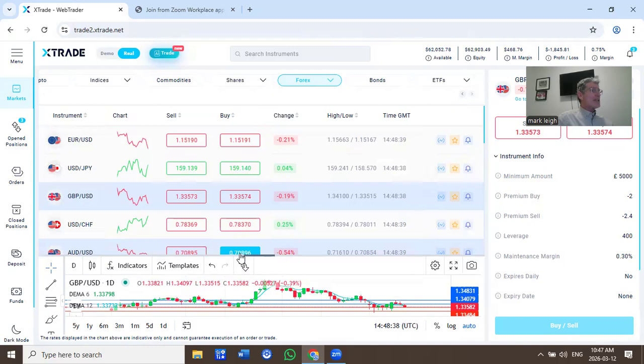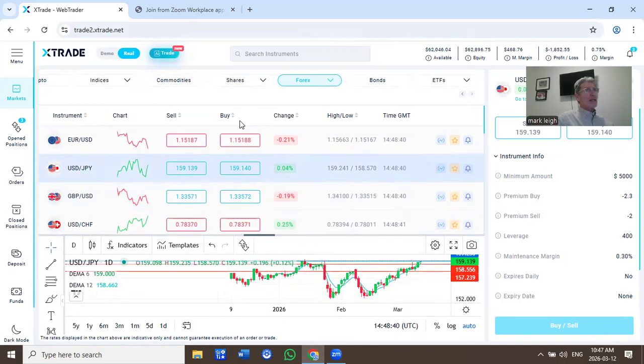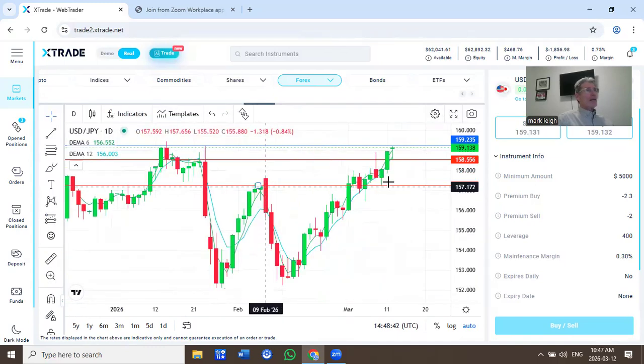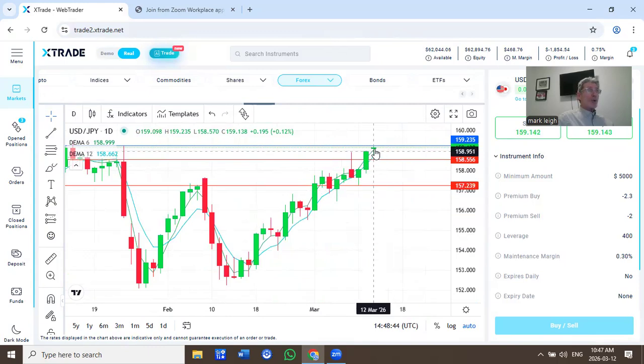US dollar against the yen. Started weak. There's the wick left behind that was selling US. As you can see, US dollar bounced up off this support level, which sits at 158.55, and I've got resistance at 159.23 and hanging around that resistance level for now.